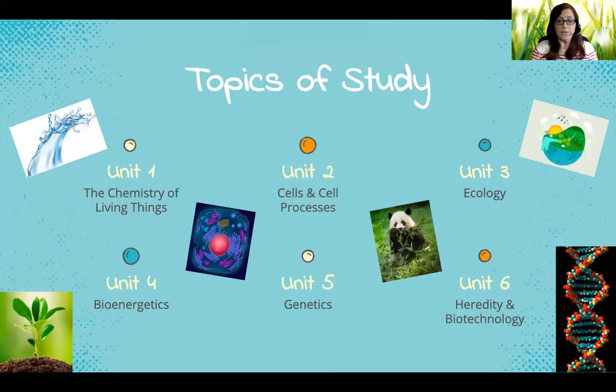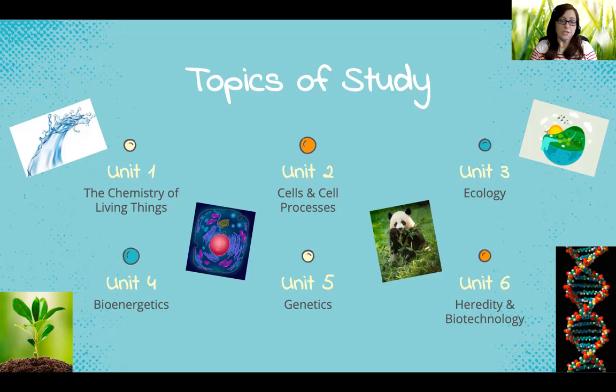The topics that we're going to study, we're going to be covering 6 units. We're going to basically go sort of micro, macro, and then micro again. We'll talk about the chemistry and cells. Then we'll talk about how cells join together to form larger organizations, leading up to organisms and how organisms make populations and things like that with ecology.